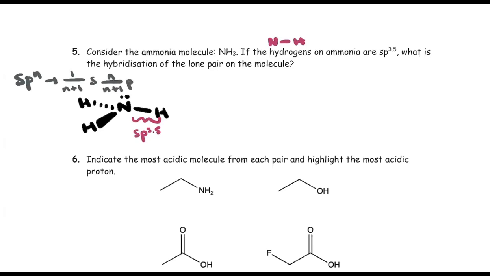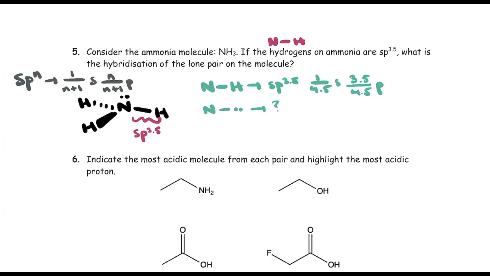Now we're going to calculate everything. NH is sp 3.5, which means it's going to be 1 over 4.5 s and 3.5 over 4.5 p. And the lone pair, we don't know what that's going to be.